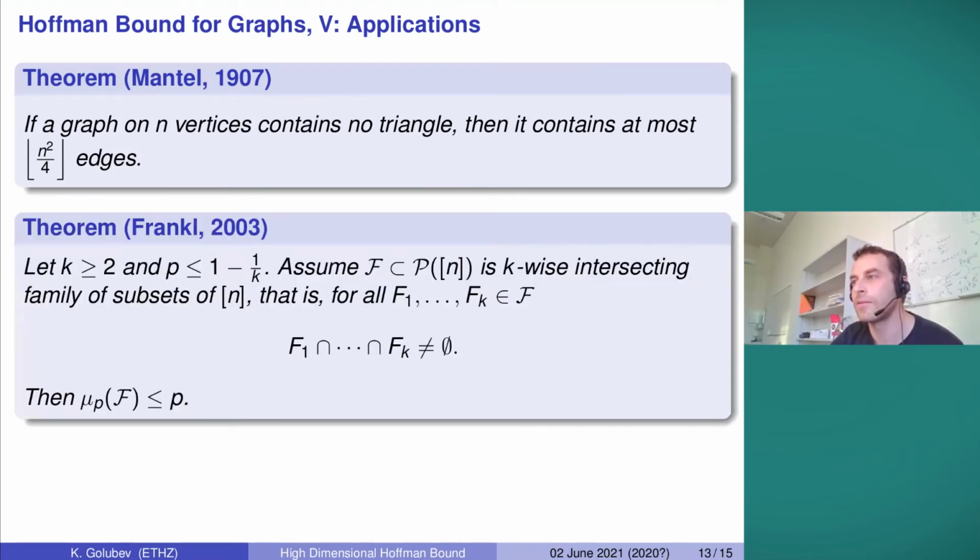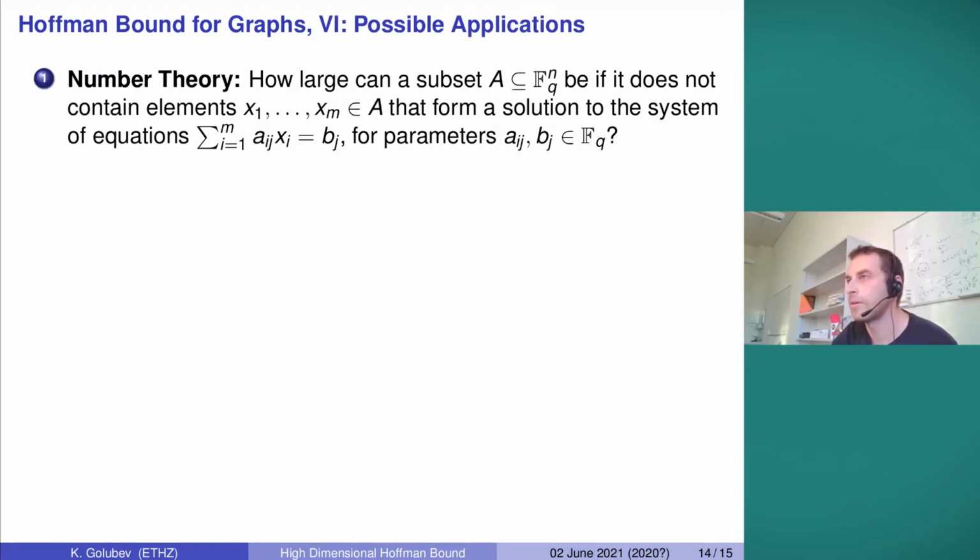And another theorem which we reprove is that if we have a family of k-wise intersecting subsets of n, then its measure is at most p. It's a p-biased version. So these are reproved results, and let me also go to the possible applications.